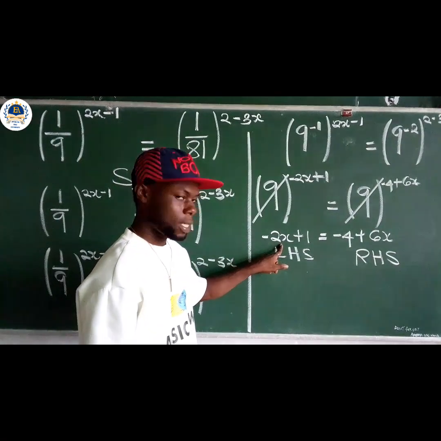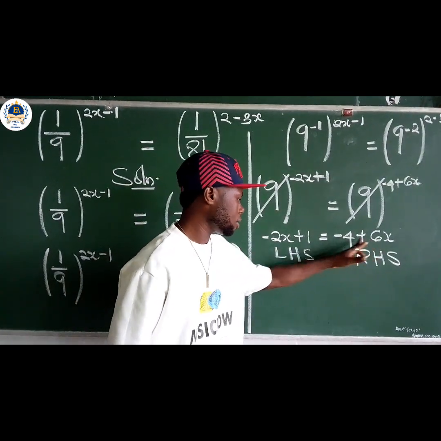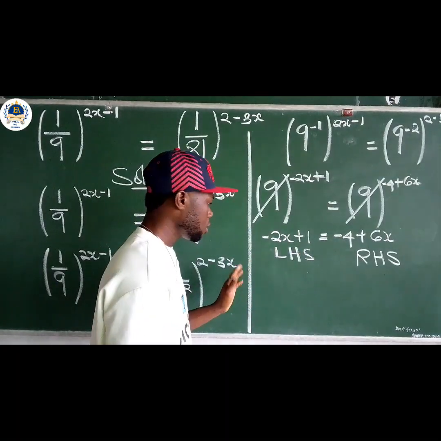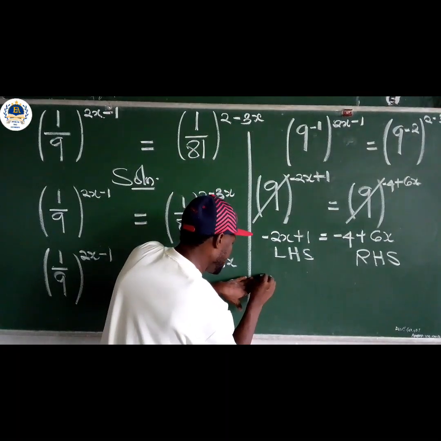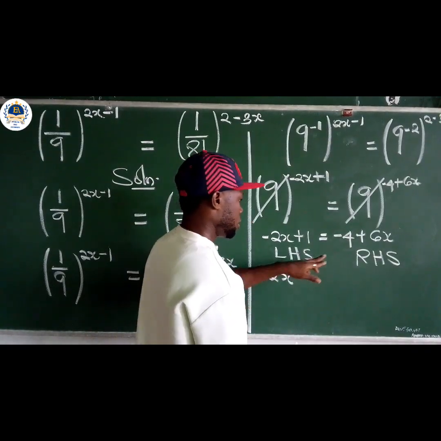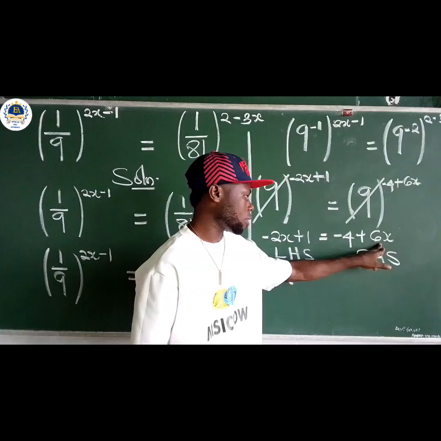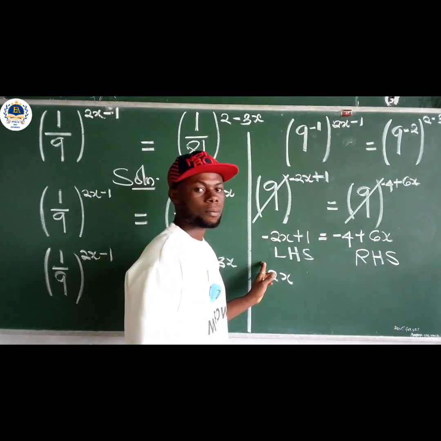Minus 2x is in my left hand side, and I want all the x terms to come to the left. So it will become minus 2x. I'm bringing this plus 6x over to the left.